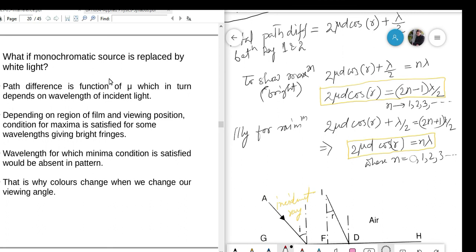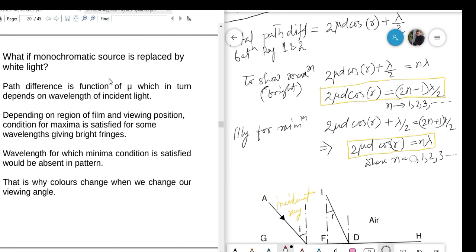Only the lambda can change, because the source is not monochromatic. There are lots of wavelengths. So for some wavelengths, the reflected ray might interfere destructively, and for some wavelengths, the reflected ray interferes constructively. So what we'll see is a rainbow pattern. In a certain region of the thin film, we'll see one color, and then there will be a dark area, then there will be a bright area of a different color, then a dark area, then a bright area of a different color, and so on.